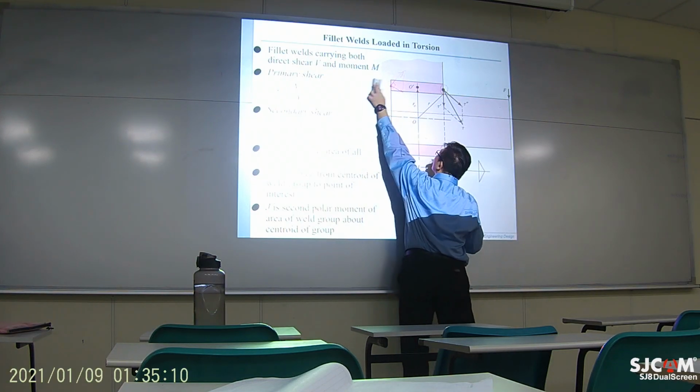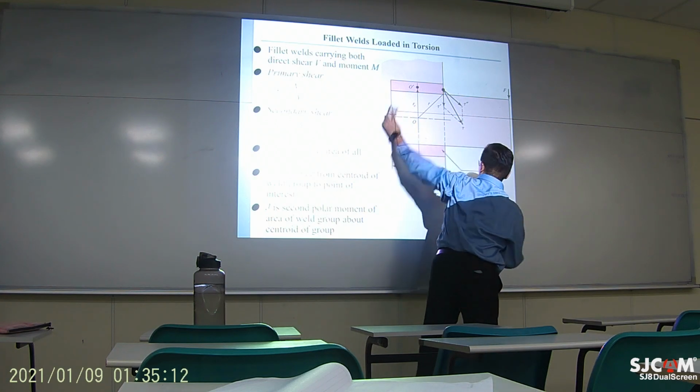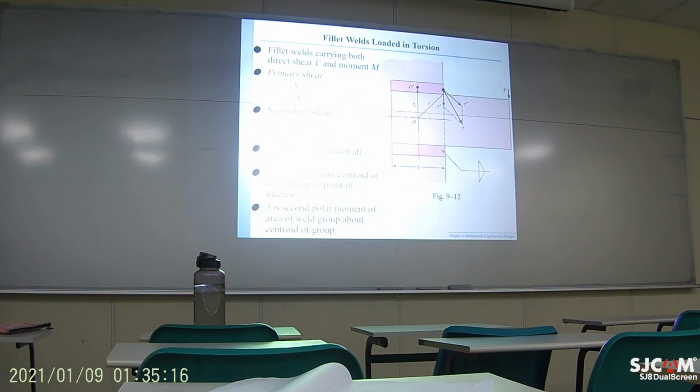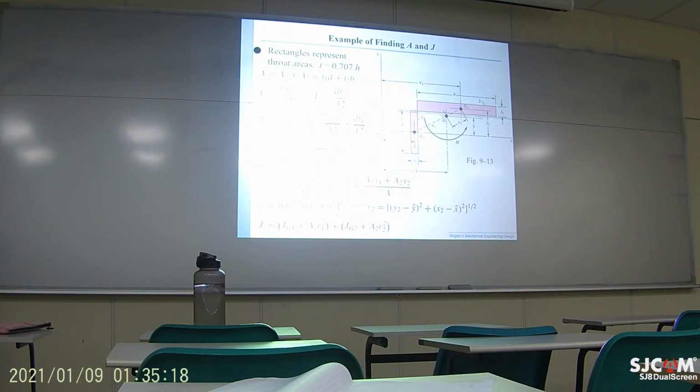Now, if you understand this idea, then we can do some problem formulation like this. The issue is how do you find the rotational center, right? So this is an example to show you how to get the rotational center.